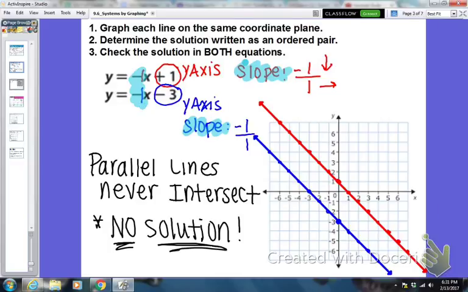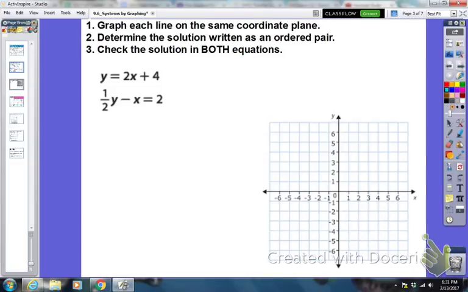There is one more type of solutions. So let's graph this last example. We're going to start with +4 on the y-axis. My slope is -2 or +2. Again, if it's just a whole number, put a 1 underneath. This is both positive, so I'm going to rise 2 and go to the right 1.